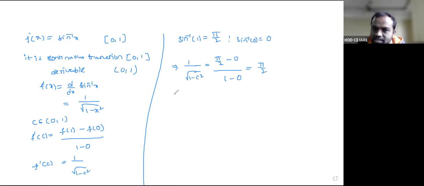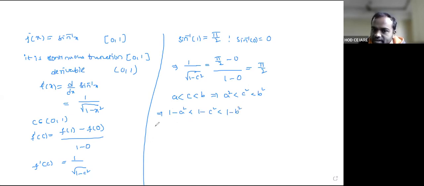But in your condition, a is less than c is less than b. So squaring on both sides, a square is less than c square is less than b square. So we can write all the values as inequalities: 1 minus a square is less than 1 minus c square is less than 1 minus b square.